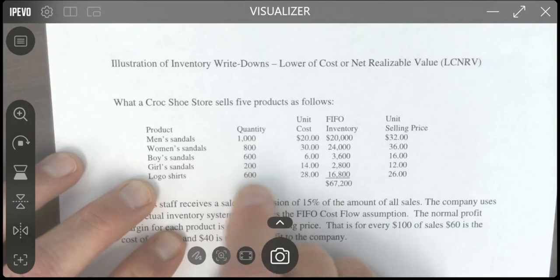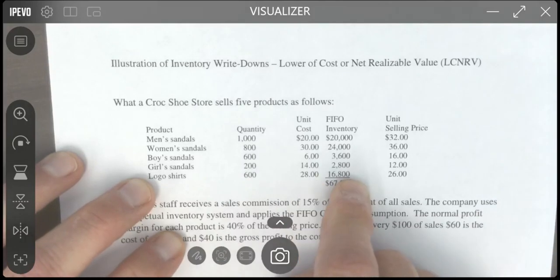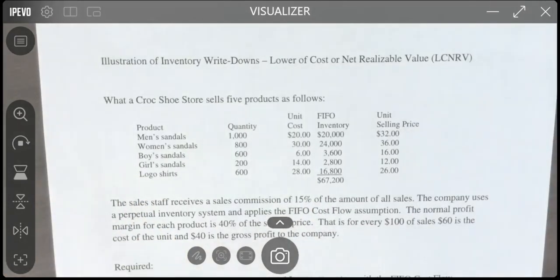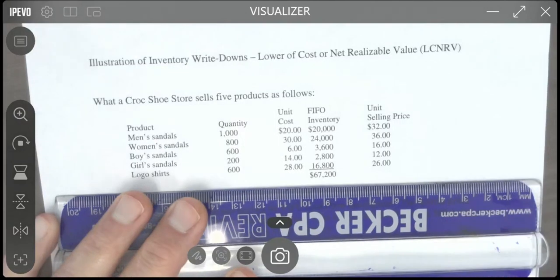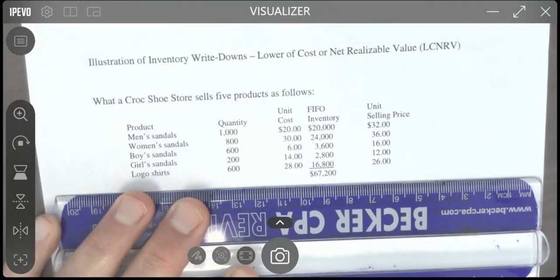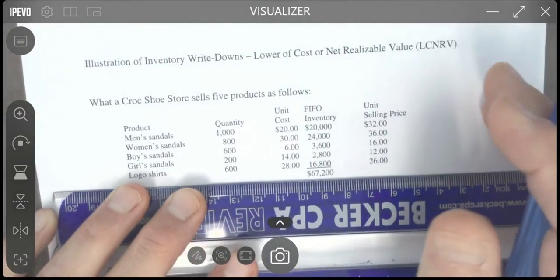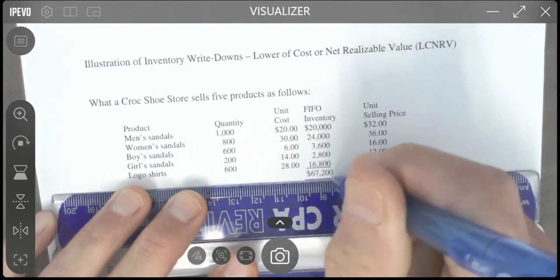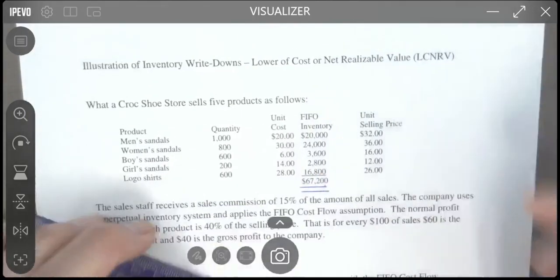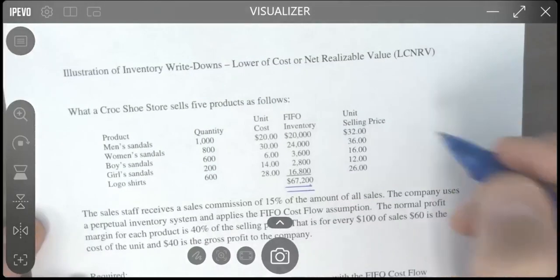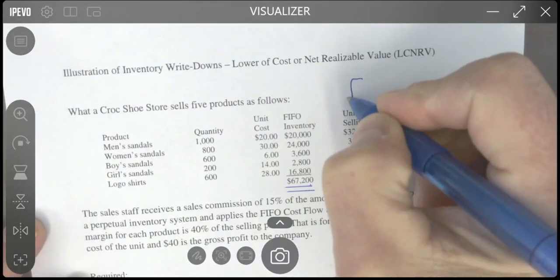The logo shirts, 600 at 28, which is $16,800. The sum of the inventory at FIFO cost is $67,200. And then here's some more information.